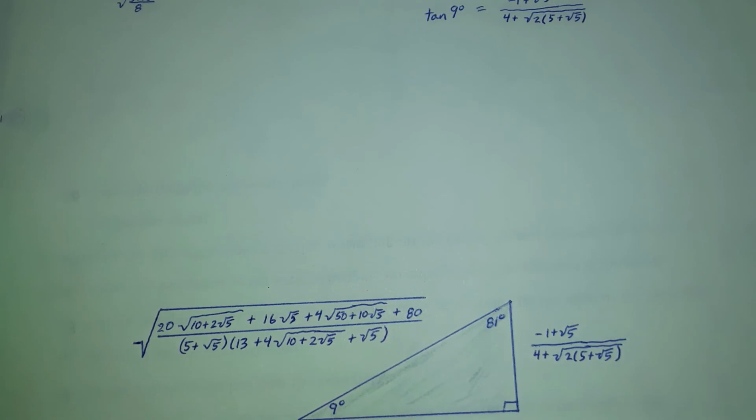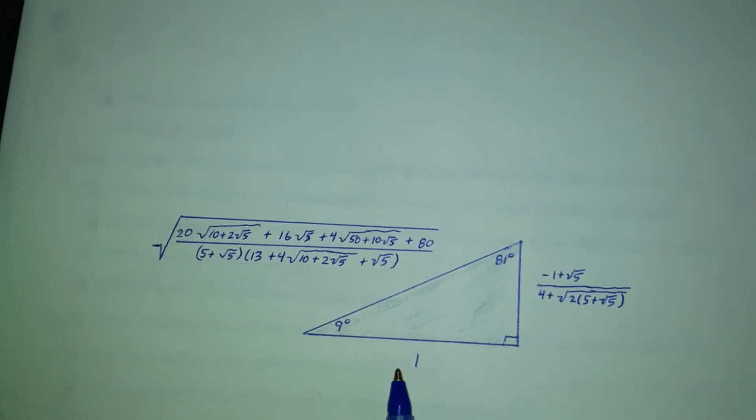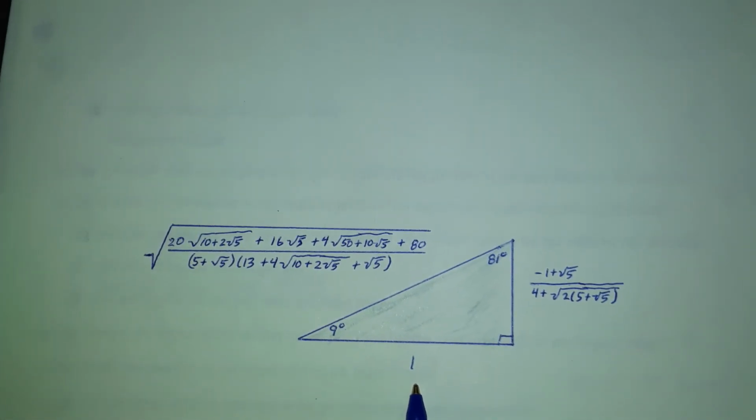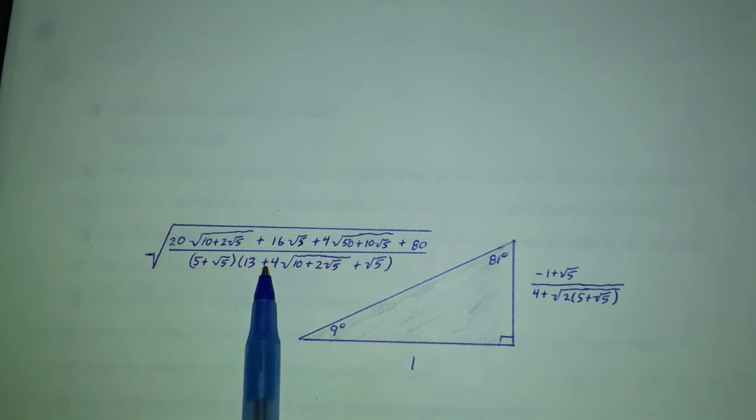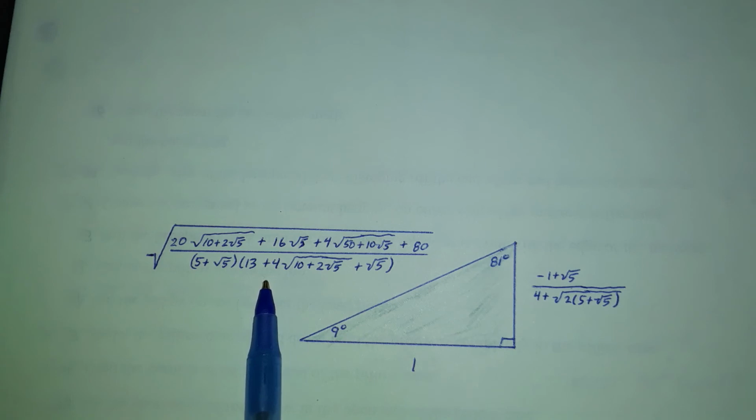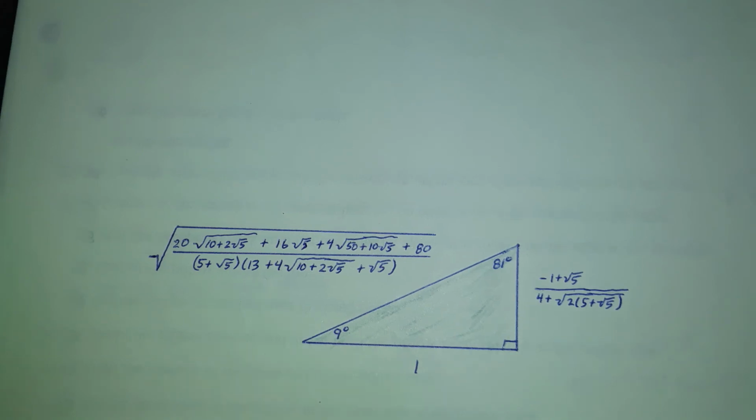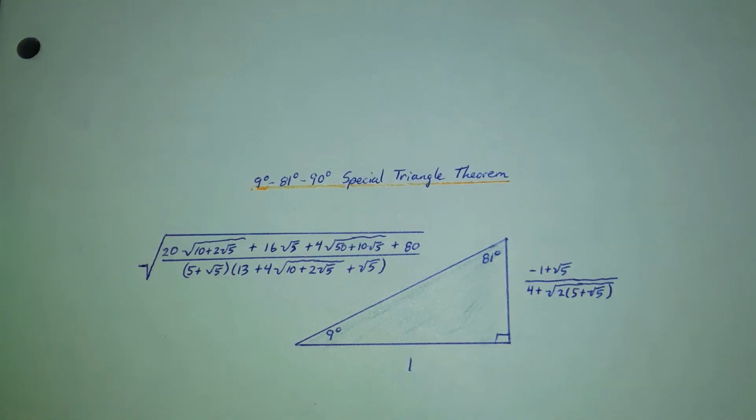I've just scaled the triangle so that I have at least one side length of 1, and so I have this term, which is the tangent of 9 degrees that we just found, and then I have this as my hypotenuse. Some of you may be really good with manipulating these types of expressions and can make this look better than I have. Here, this is the 9-81-90 Special Triangle Theorem. And that ends this exercise. Cheerful calculating.